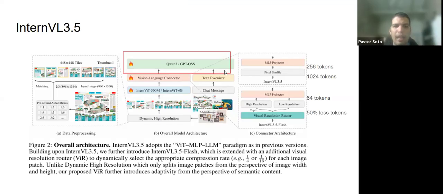So this runs in parallel, and we will see that in more detail, but the idea that I want you to take from this is how they process the image and how they did the visual resolution router to spend fewer tokens and to speed up the process. And then that they run the architecture in parallel. They run the vision and the language side by side.